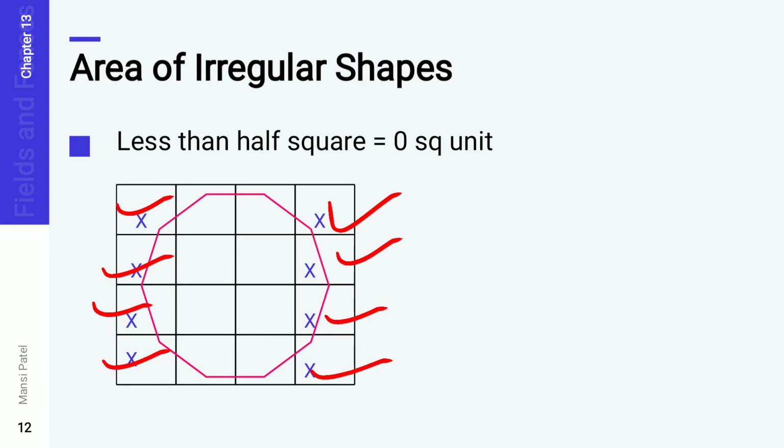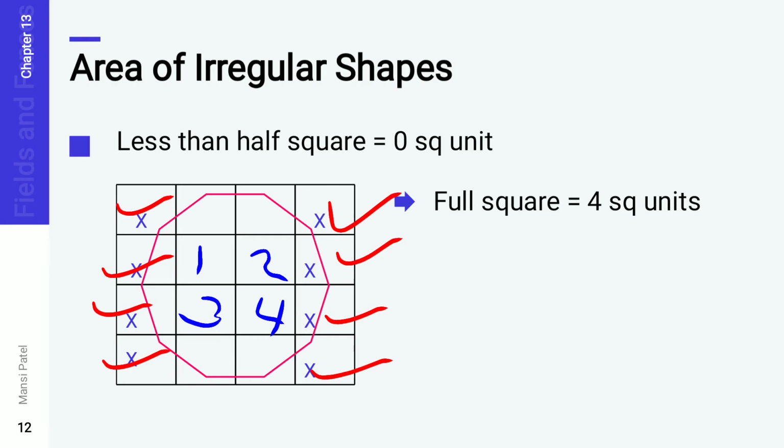Whereas, you can see this portion which occupies more than half. Therefore, it is considered. So, how many full squares are there? There are a total of 4 full squares: 1, 2, 3 and 4.